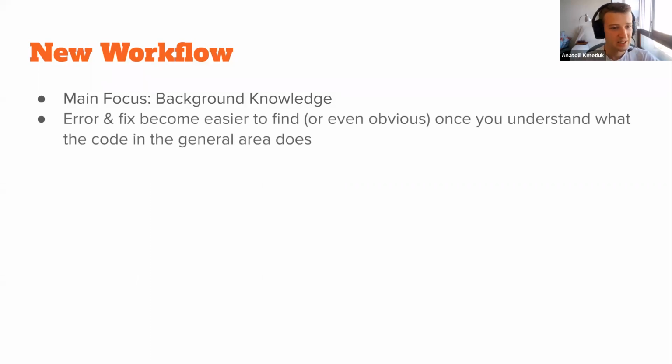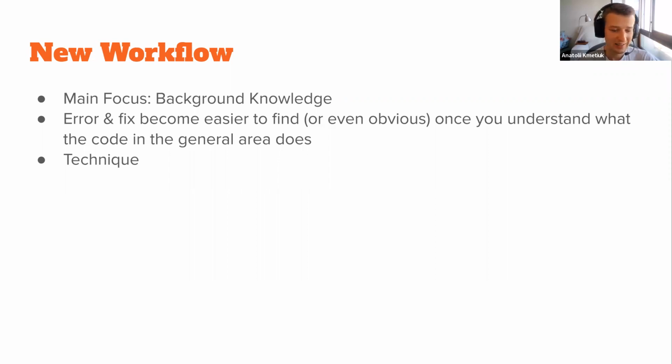The idea is that the error and the fix often become much easier to find, and in some cases even obvious, once you understand what the code in the general area of the compiler does. So to establish the context that is necessary to fix an issue, I currently use the following technique.